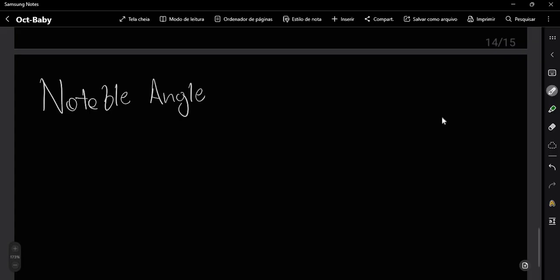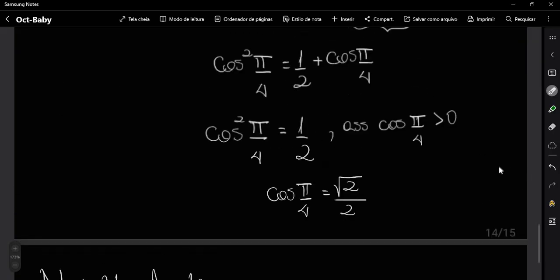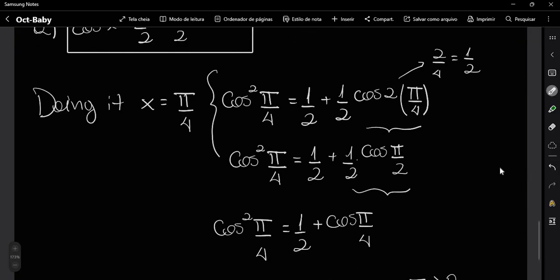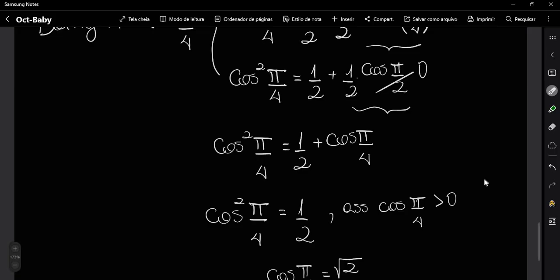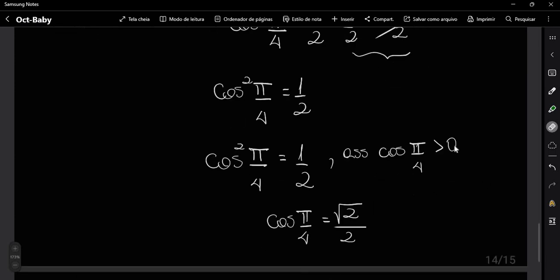So, notable angles. It's very important to know this, and from my research, cosine of pi over 2 is equal 0. So doing this, we will obtain this solution, perfect.